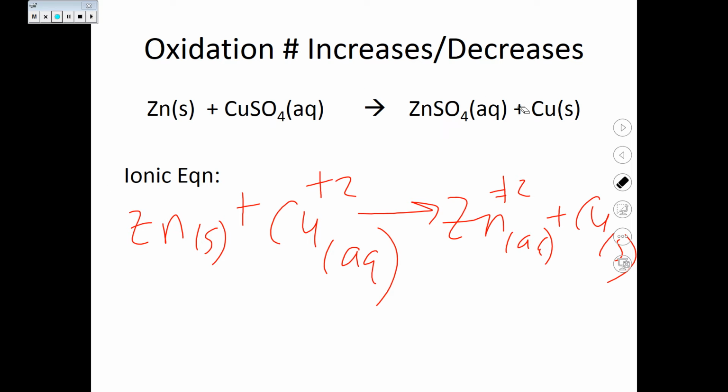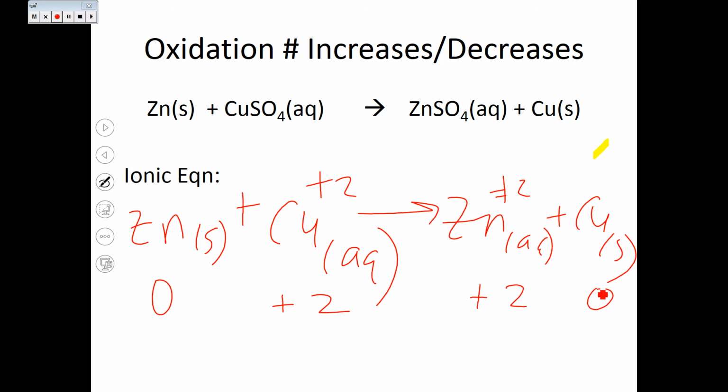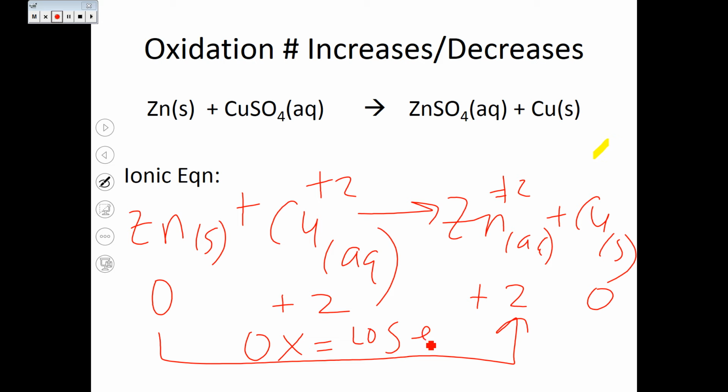Okay, so now we can look at oxidation numbers. The oxidation number of zinc is 0, copper is plus 2, zinc is plus 2, and copper on the right is 0. Zinc goes from 0 to plus 2. It's oxidizing, so it's going to lose 2 electrons to bring it up to plus 2.